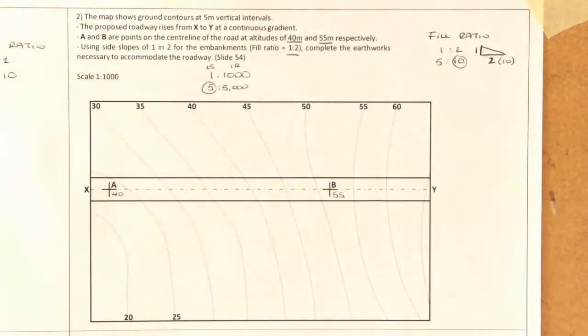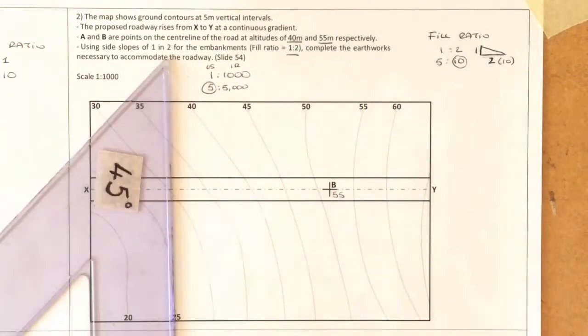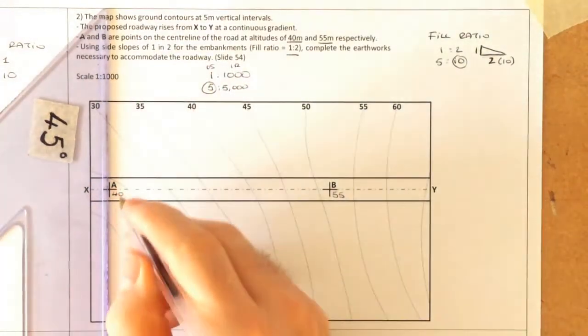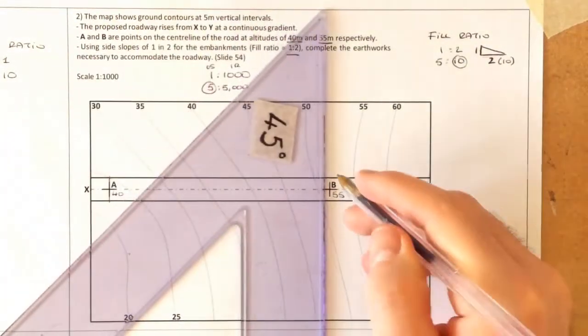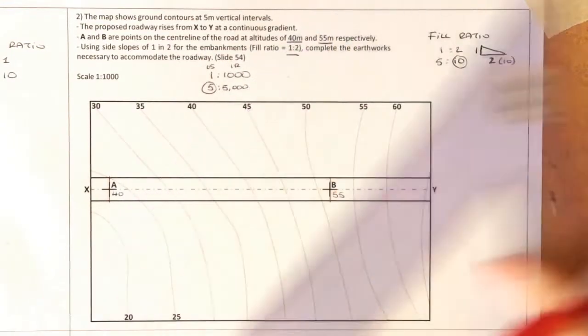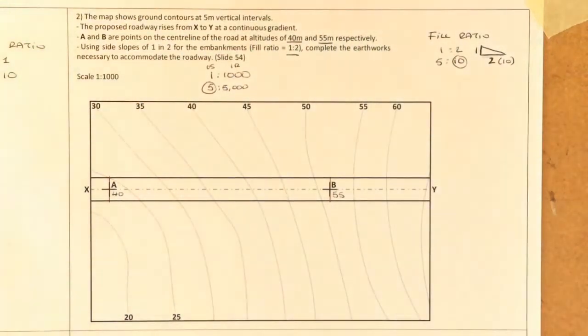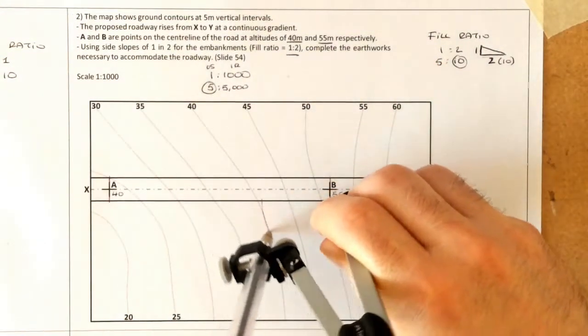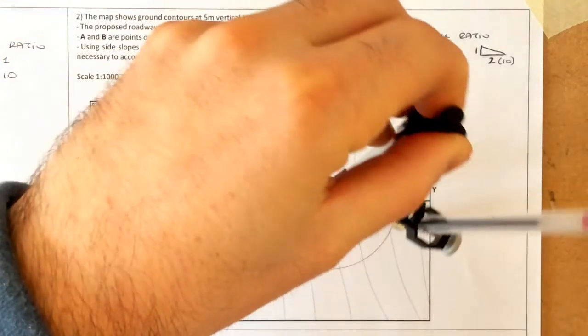So first step we do, we get 30 on our compass, 30mm. And like the last time, what I'm going to do is from A and B, just draw a very vertical line up there and there, and from point B I'm going to put in my fill cone as it would appear in a plan view.